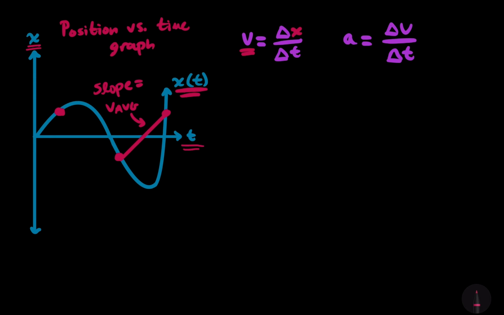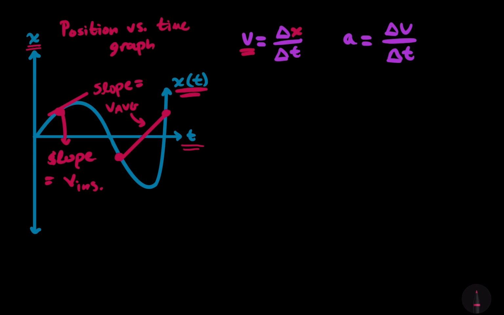And so we know by definition that the instantaneous rate of change of a function is just given by the derivative of the function at that point. Okay, so right over here, we would say that the slope is going to be equal to the instantaneous velocity. So the slope is going to be the instantaneous velocity at this moment, right? And the instantaneous velocity, or the instantaneous rate of change of a function, is just given by the derivative.